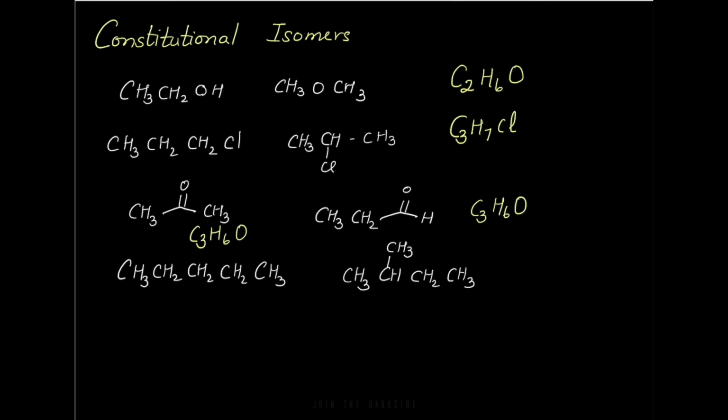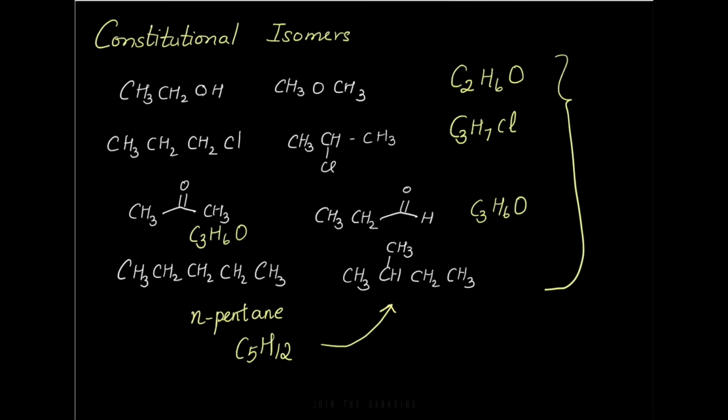And the last one is actually N-pentane, but we know that C5H12 can exist in isomerism with other branched alkanes as well. When you calculate the total number of carbons and hydrogens here, it's still going to be C5H12. And these are going to be constitutional isomers. As you can see, the molecular formula is one and the same, but their structural formula is different.